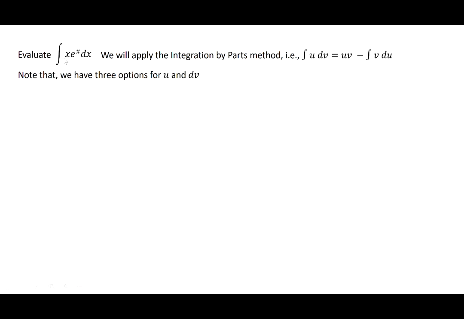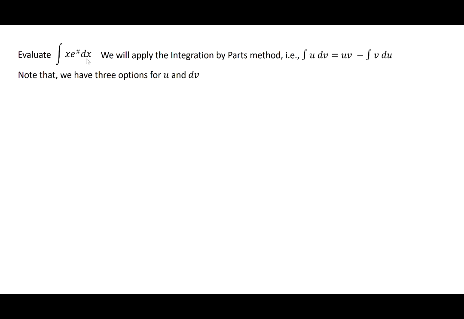So what is u? We have different options. We can say u is x, and dv would be the rest of it. What is the rest of it? e to the x dx is the rest of it. So u is x, dv is e to the x dx.